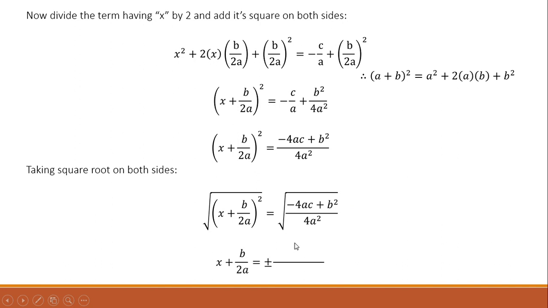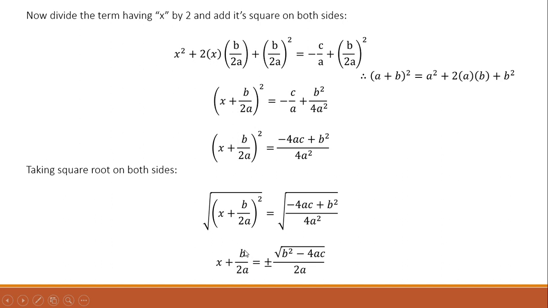So the equation becomes x plus b over 2a is equal to plus minus square root of b square minus 4ac, and 4a square is the square of 2a. So the square root will cancel out with the square and we will get 2a.